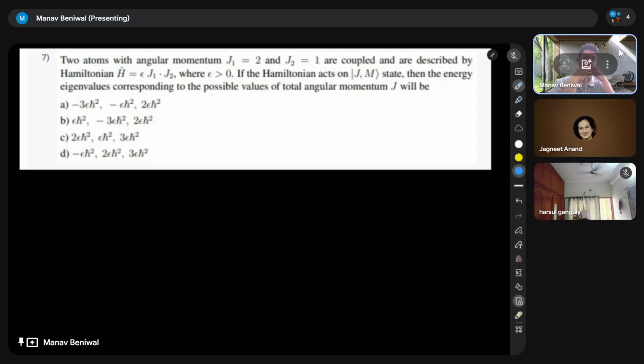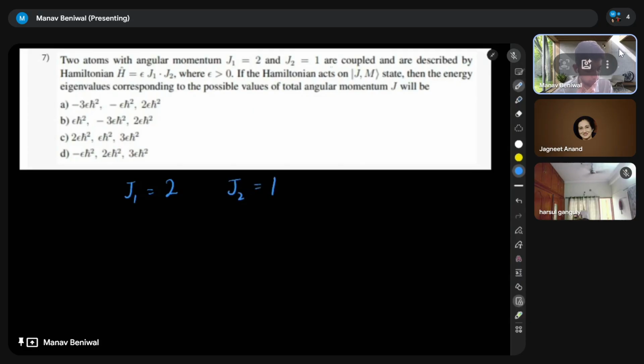Okay, so one very similar problem we solved in the last tutorial. Let's see if we can use our previous knowledge to solve this problem. Again, we are given two atoms and two angular momenta. One atom has angular momentum 2 and the second atom has angular momentum 1.